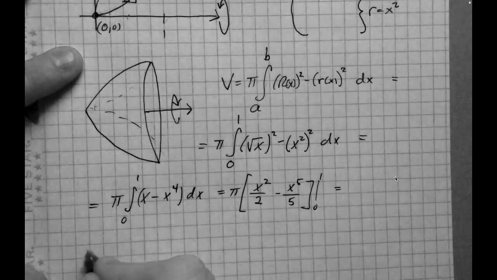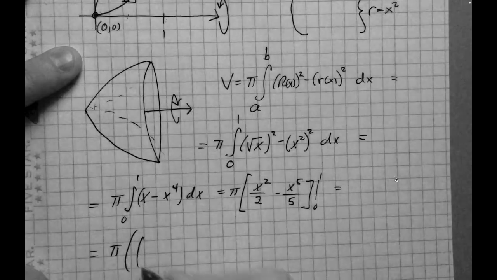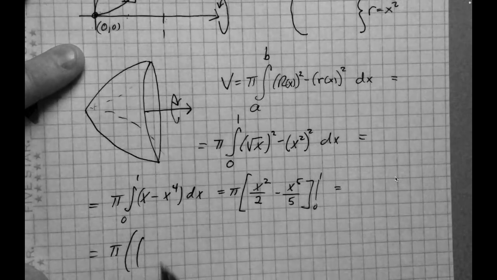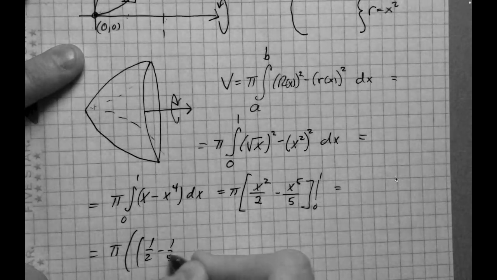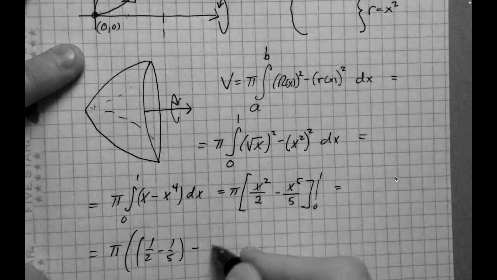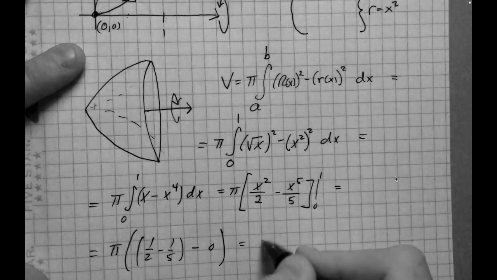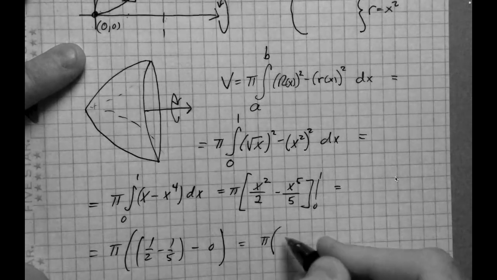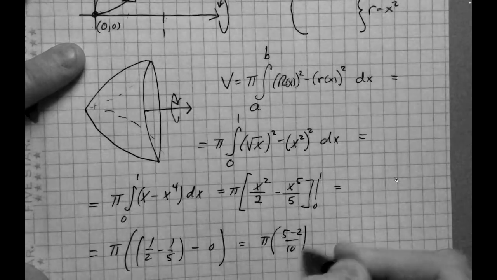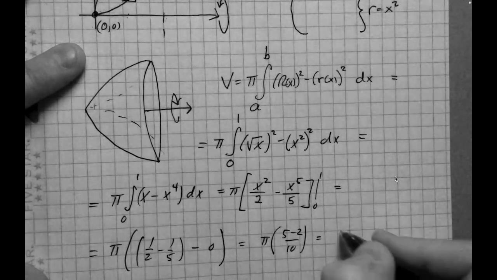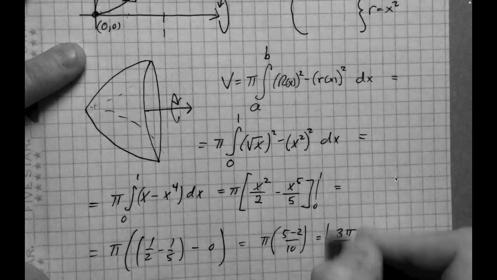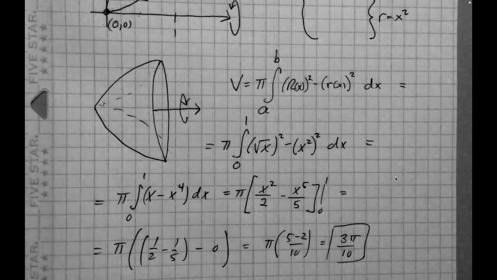Plugging those values in, we get 1/2 minus 1/5, and then it's 0 and 0. So this would be pi times 5 minus 2 over 10. So 3 pi over 10. There we go.